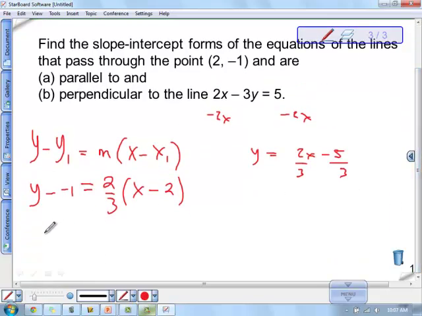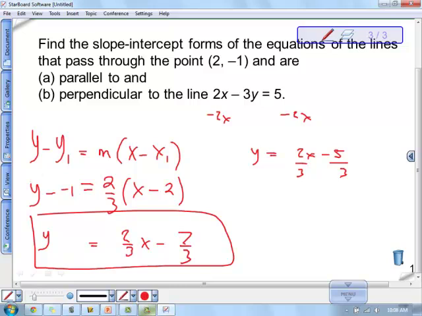So this becomes y plus 1 equals, distributing 2/3, 2/3 x minus 4/3. Now I'm going to subtract 1 from both sides. Subtracting 1 is the same thing as subtracting 3 over 3. I multiply the top and the bottom of 1 by 3 so that I can get a common denominator. So negative 4 minus 3 gives you negative 7, so this becomes negative 7/3. So here's the equation in slope-intercept form, which is what they wanted for part A.